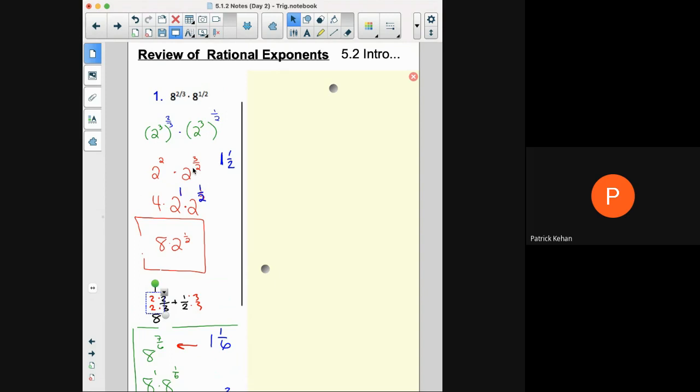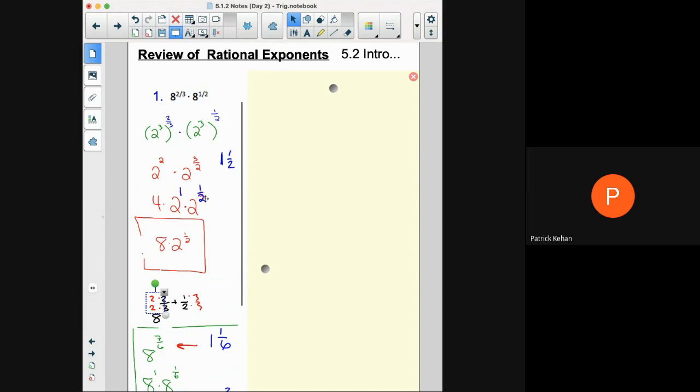So we have to break it down, right? There are different ways to do it, but one way that I think is pretty easy is to convert this improper fraction to a mixed number, 1 and 1/2. Then you decompose this 2 to the 3/2 into 2 to the first power times 2 to the 1/2 power.